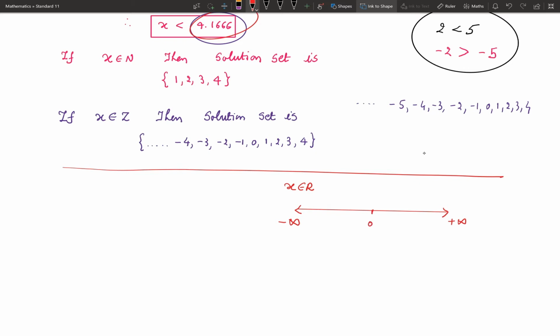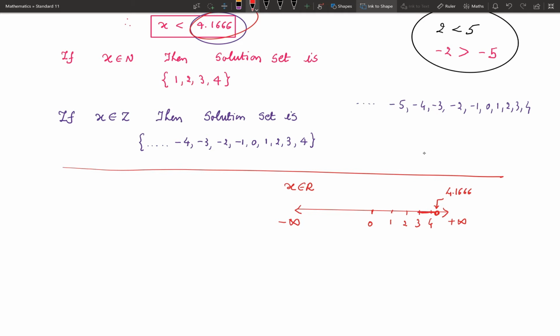Here 0, 1, 2, approximately 4. So x is less than 4 point something, somewhere here.